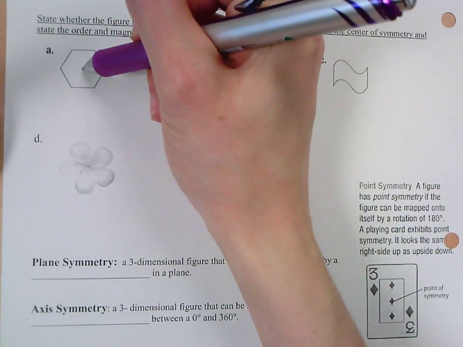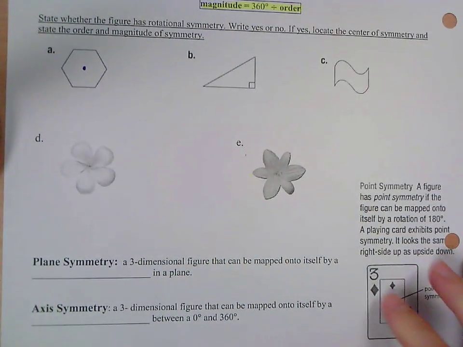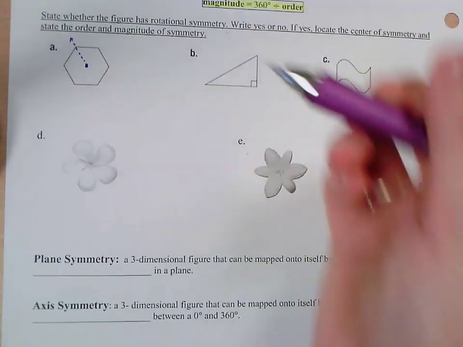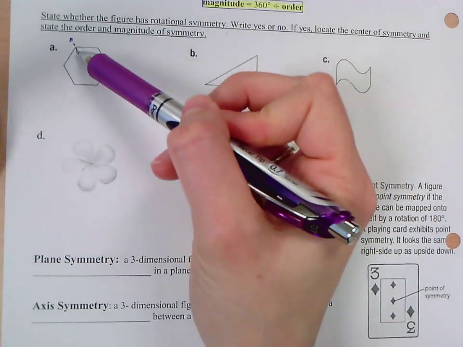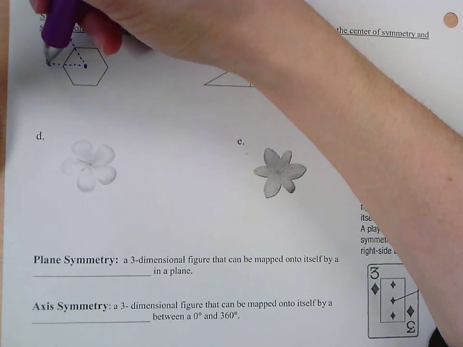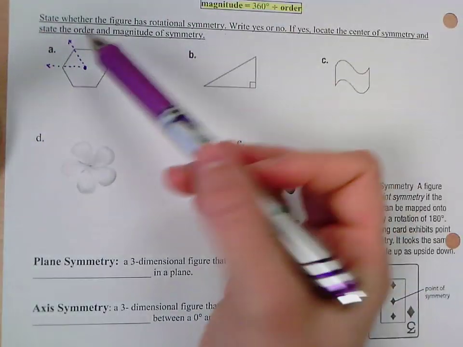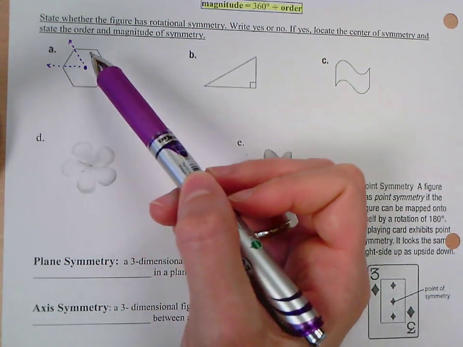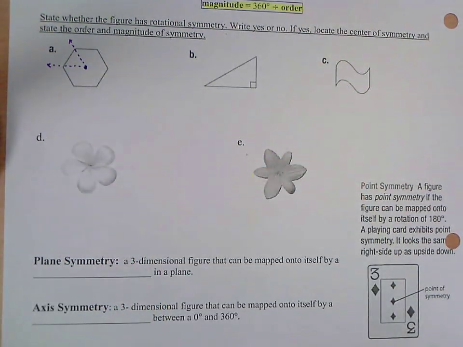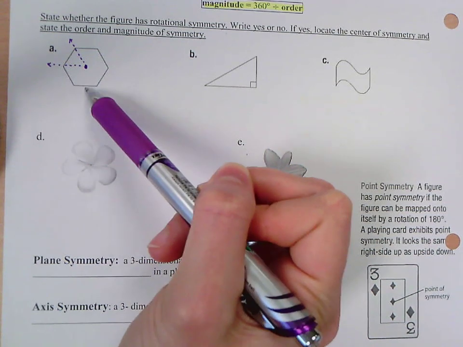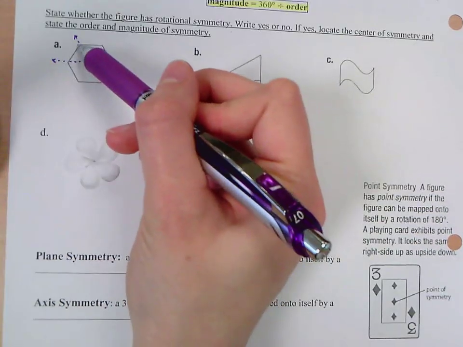If I put a point at the center, and say this is my start here, I know that if I rotate this to the next vertex, you have to think of it as if I twisted it, and I can find that angle, but if I had rotated it that much, it's going to look the exact same as when I started. This side would now be here, this side would be here, this side would be here, and so on. So I could rotate it that much.